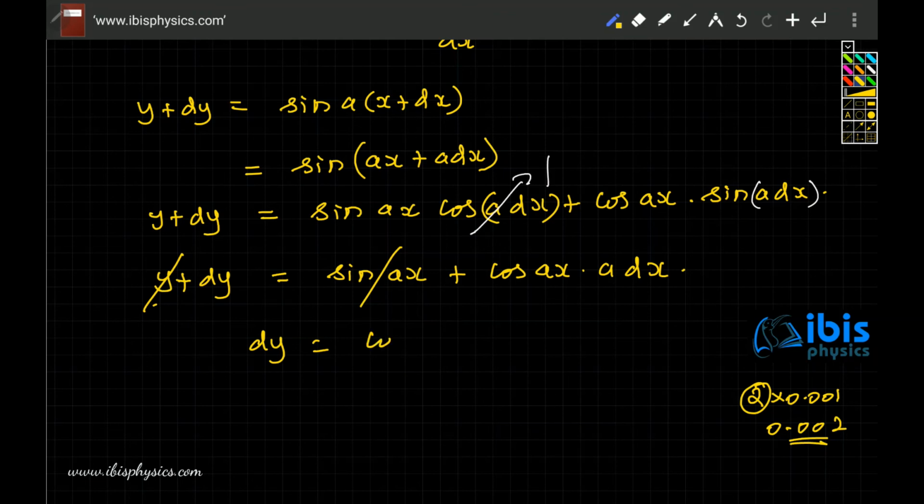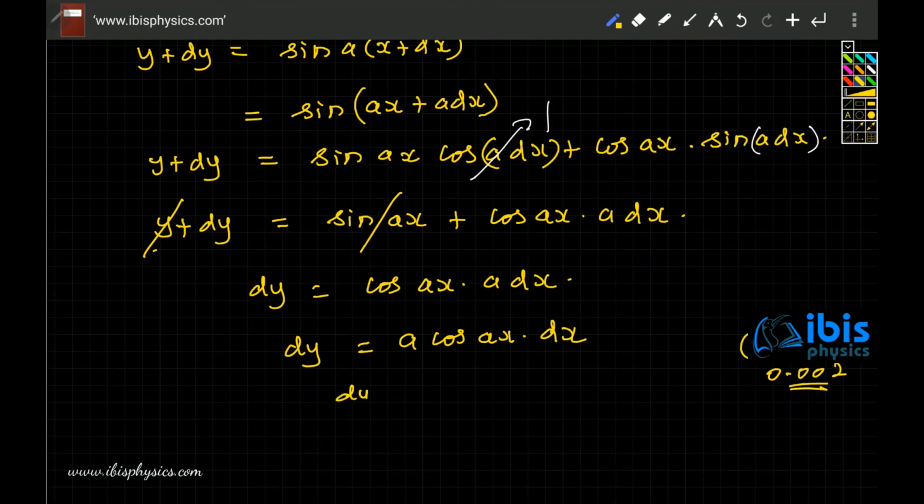Then dy is equal to cos ax into a dx. So dy equal to, I am bringing the constant up here, a cos ax into dx. Then dy by dx equal to a cos ax.